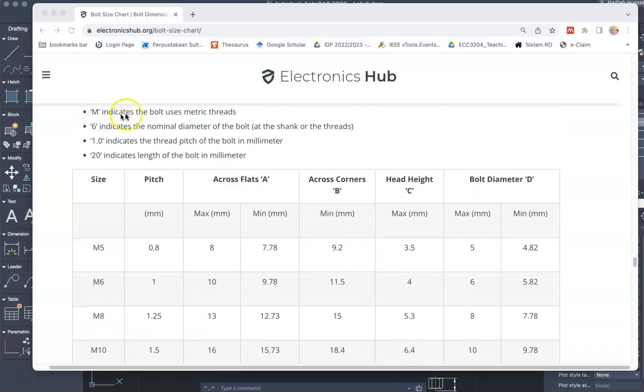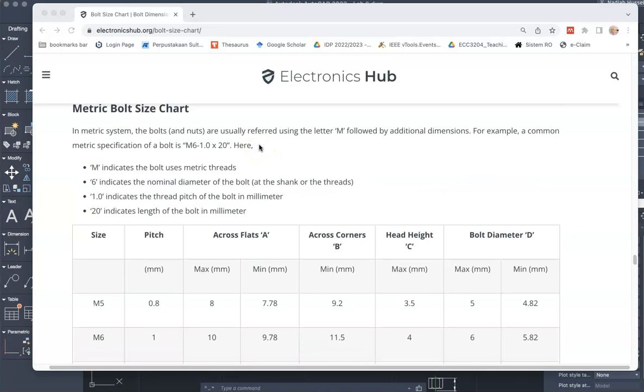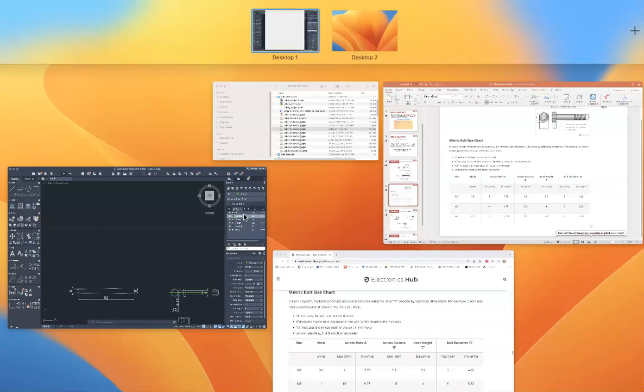M indicates the bolt uses metric thread. 6 indicates the nominal diameter of the bolt at the shank of the threads. And then 1.0 indicates the thread pitch of the bolt in millimeter, and 20 indicates the length of the bolt in millimeter.